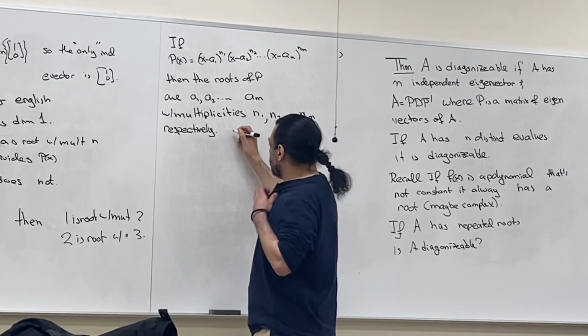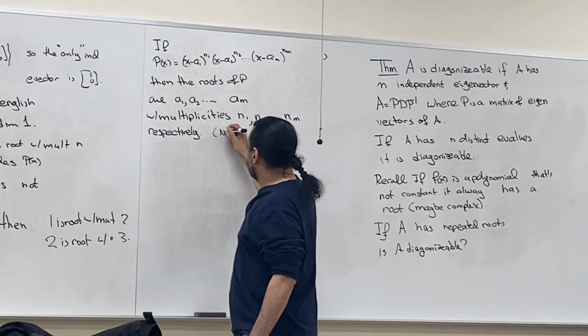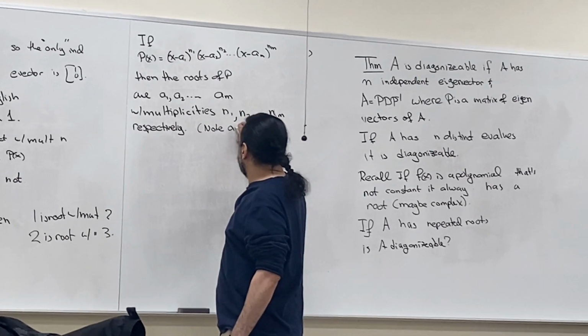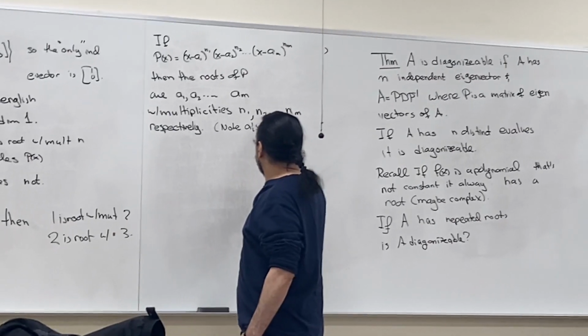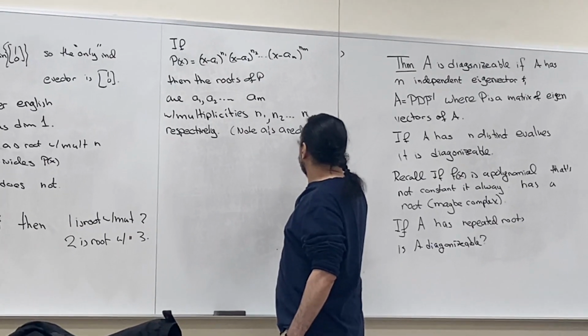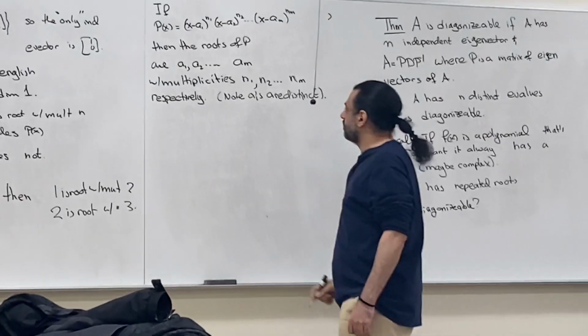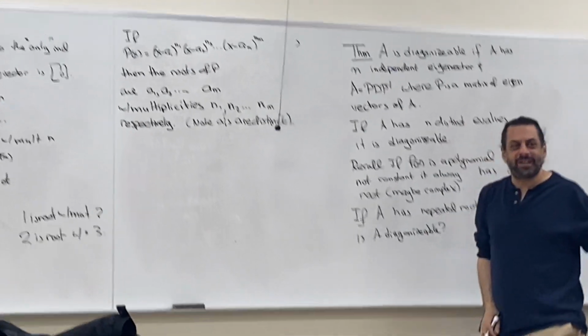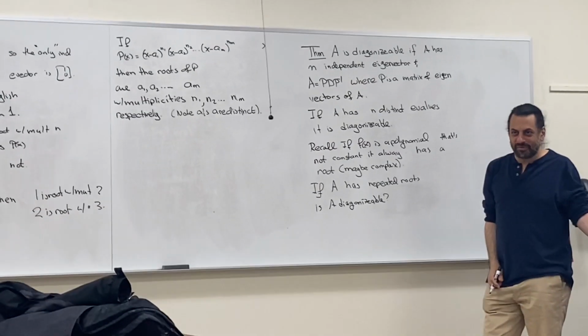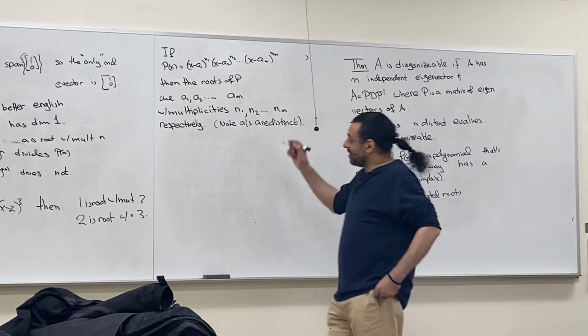And we should say something, note. When I wrote this, all the a_i are distinct, because if they're repeated, then you can't get the right number for the multiplicity. I think maybe it's the easy way to see.